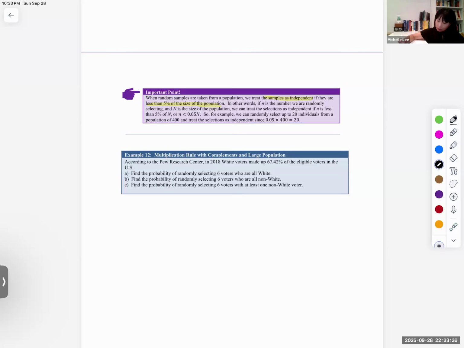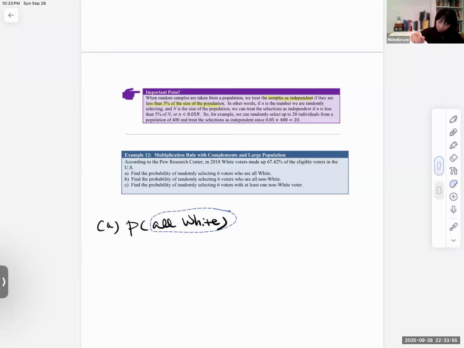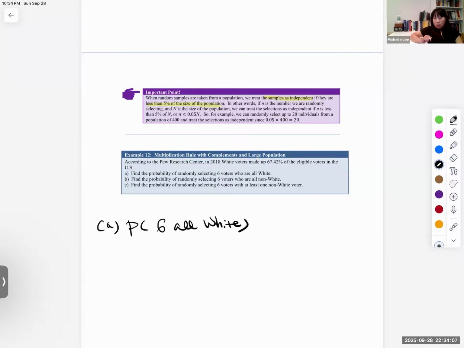So probability of all white, 6 voters, and independent.